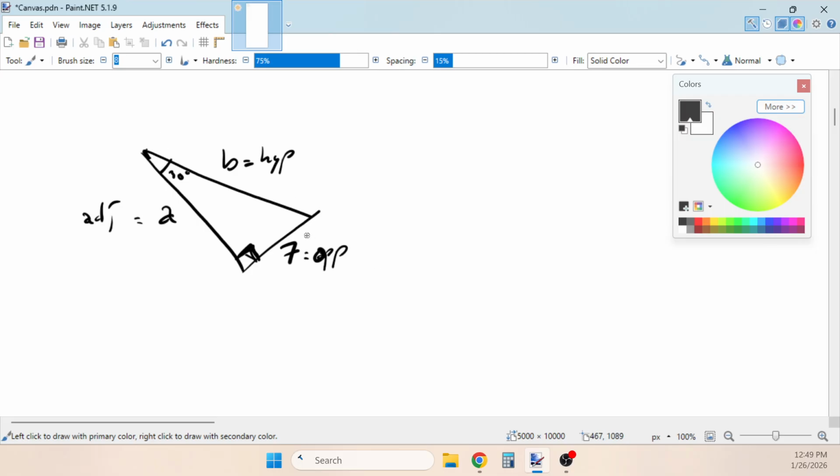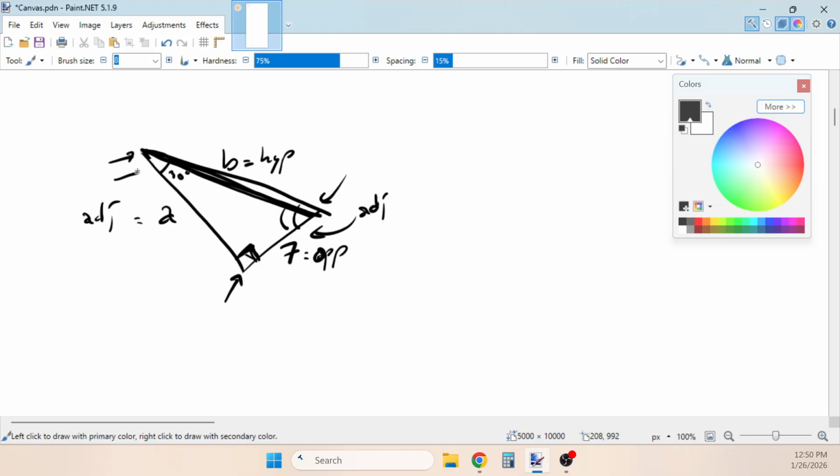So when you have a right triangle, whatever angle you're looking at, because you're not going to look at the right angle, you already know it's a right angle, whether you're looking at this angle or this angle, they will both connect to the hypotenuse. And that means that for this angle, this is the adjacent side, and the other side is the opposite side.